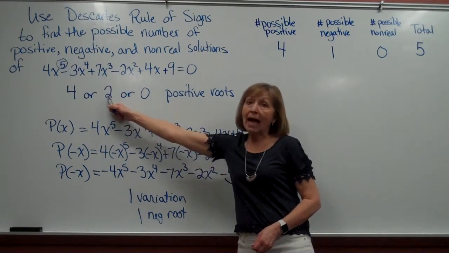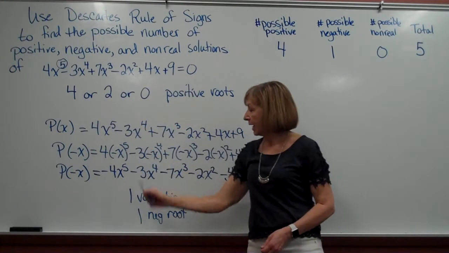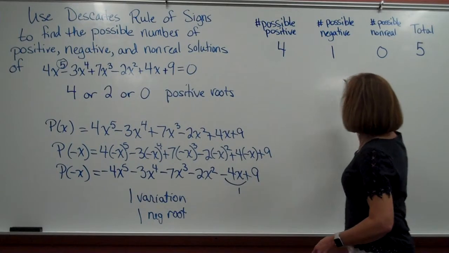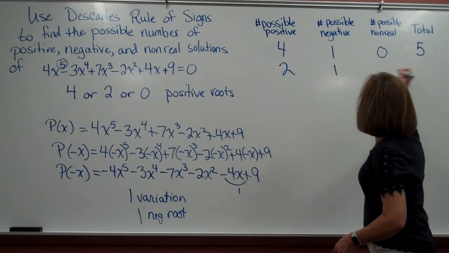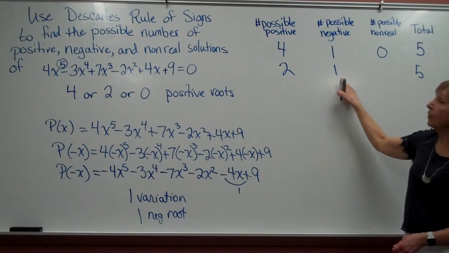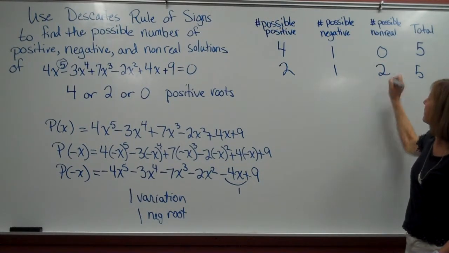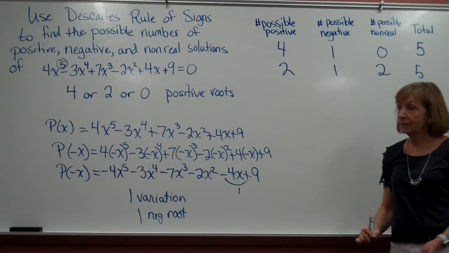Now, the next possibility is that I had 2 positive roots and 1 negative root. Well, my total still has to be 5. So 2 plus 1 is 3. I need a total of 5, so then in that case, I would have 2 non-real roots.